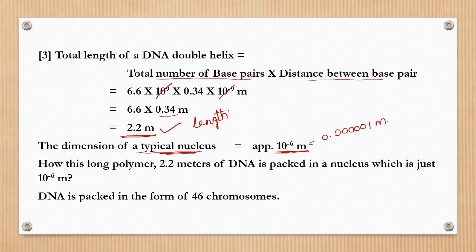Then how is this long polymer, 2.2 meters of DNA, packed in a nucleus which is just 10 to the power of minus 6 meters? DNA is packed in the form of 46 chromosomes in the nucleus. So how will it be packed in that nucleus? That is the concept we are going to discuss today.